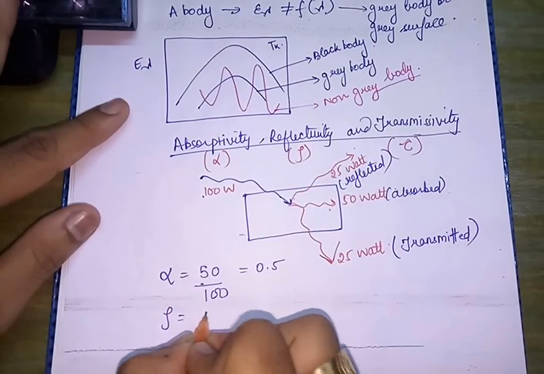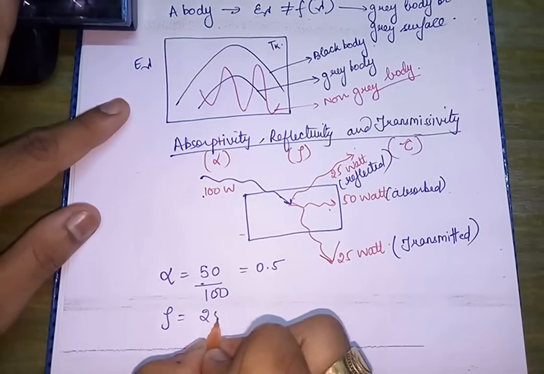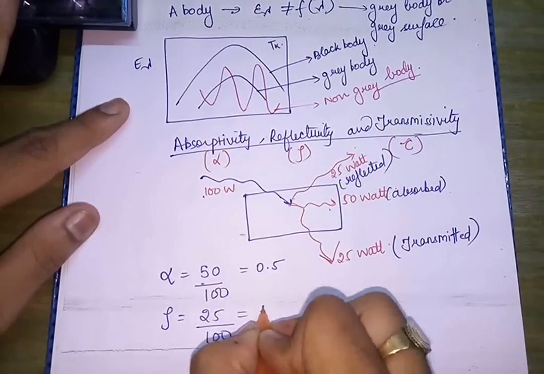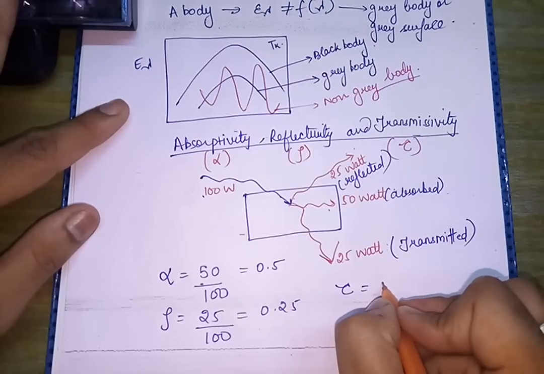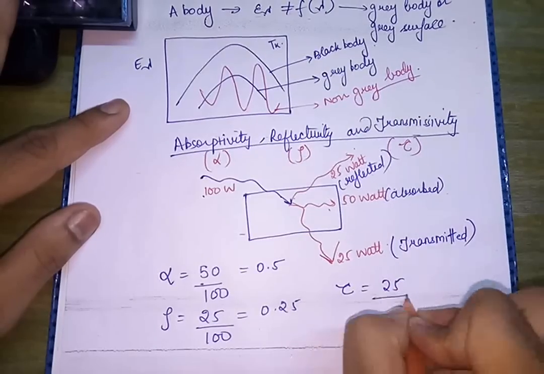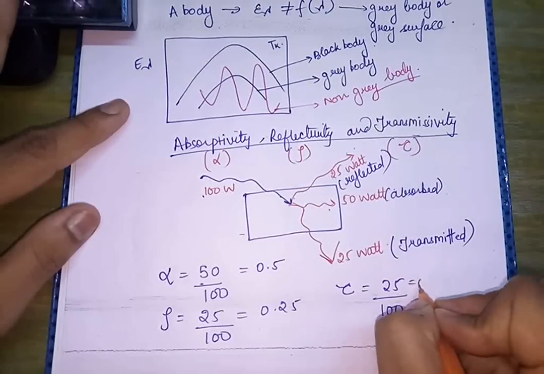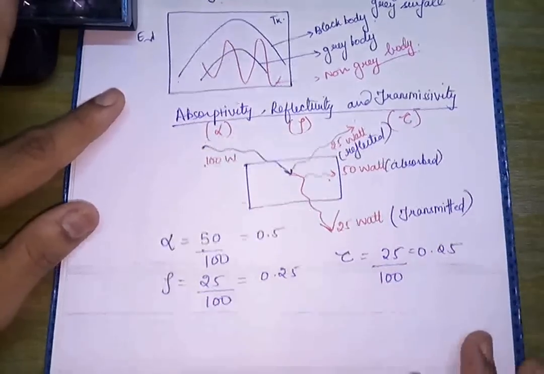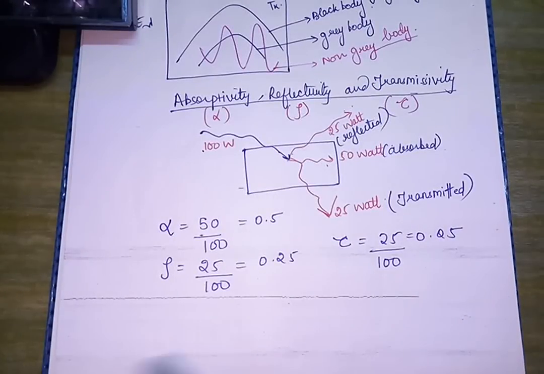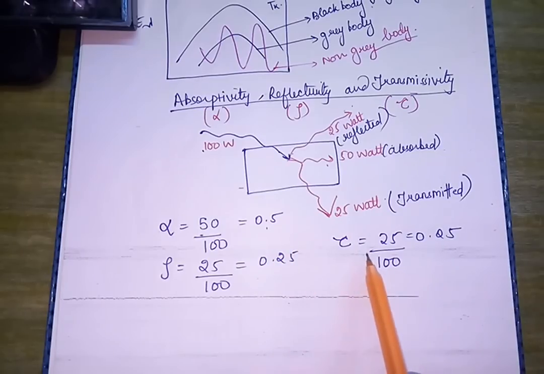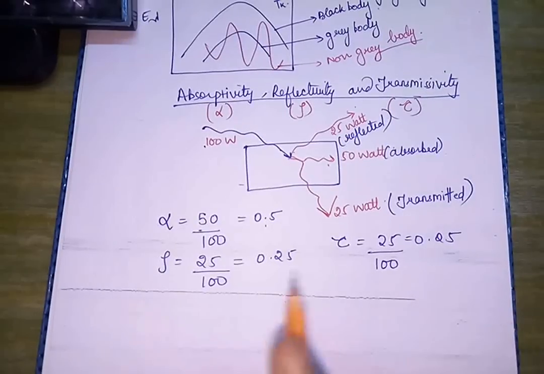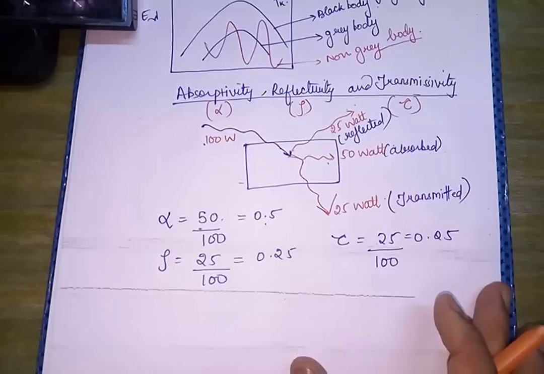Rho, reflectivity, is the energy reflected, 25 watt, upon the total energy, 0.25. Transmissivity, tau, is the energy transmitted, 25, divided by the total energy 100, which is 0.25. So absorptivity, reflectivity and transmissivity are fractions of the total energy striking the surface that is absorbed, reflected or transmitted.